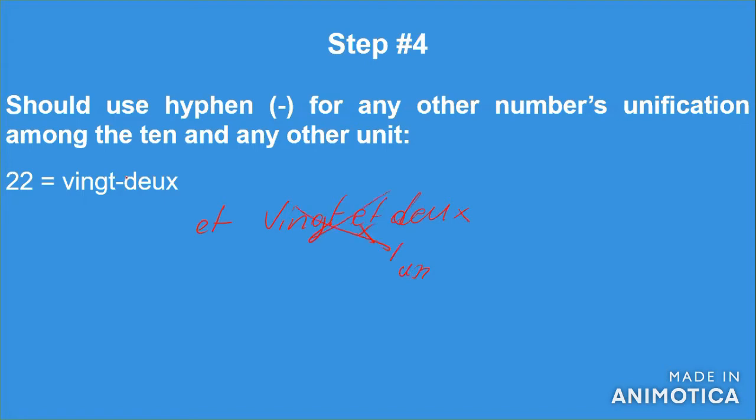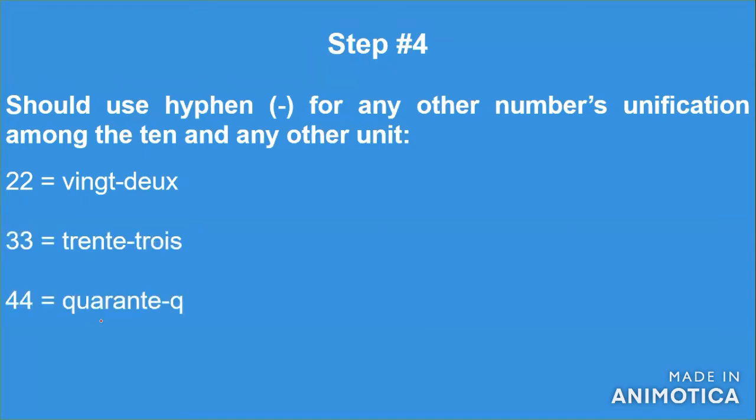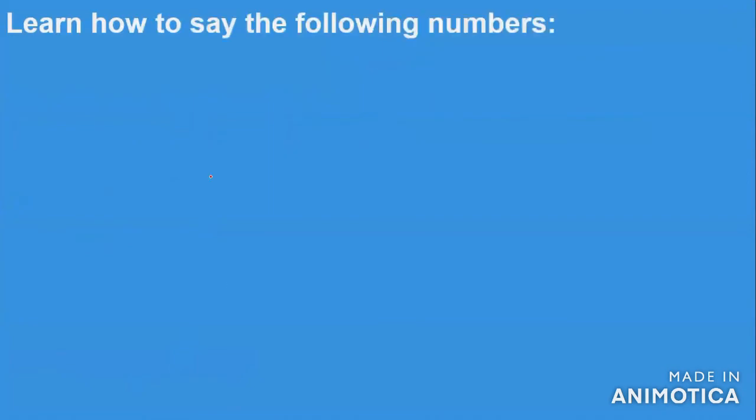You have to replace that "et" by a hyphen, as you can see right here. 33, same thing. 44, 54. Now we have counted from 0 to 60.